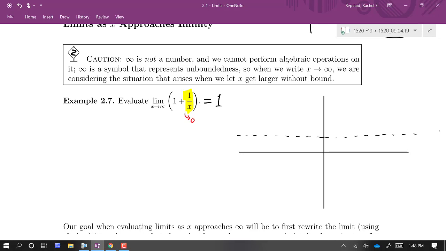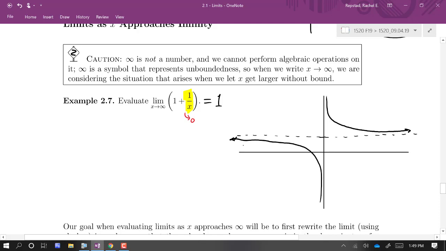Am I letting x get huge positive or huge negative? And does that make a difference? A lot of times it doesn't make a difference. Sometimes it does. So if I were to graph this, it would look like this. So we have this sort of leveling off behavior.